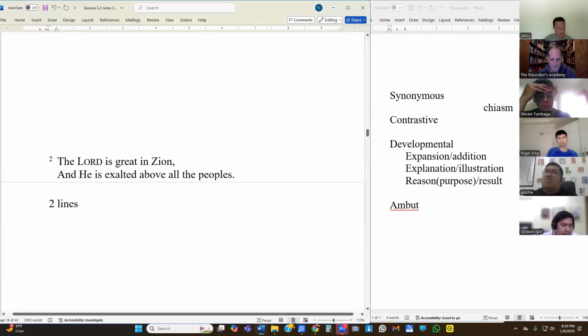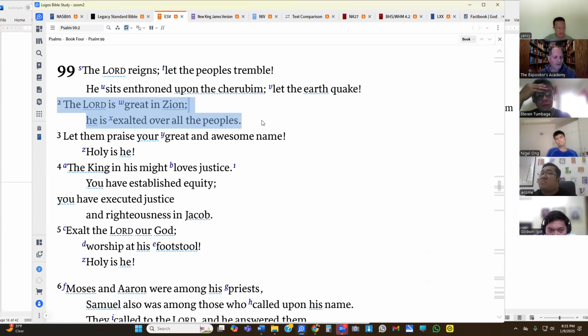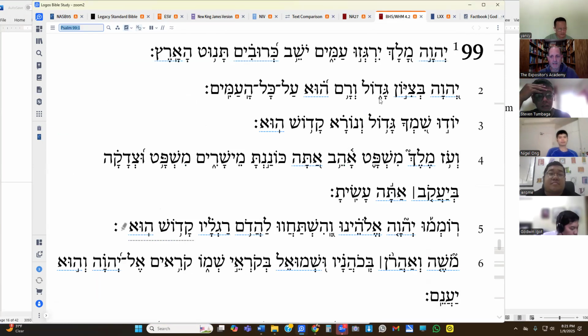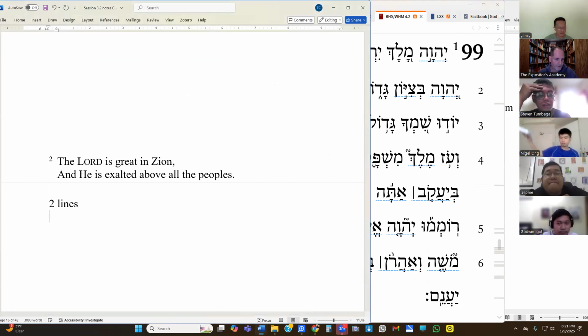Let's look at the ESV. How many lines in the ESV? Two. And then New King James, also two. So they all three agree this time. And as I showed you in the Hebrew text, they're correct in that regard. So two lines, that's confirmed.